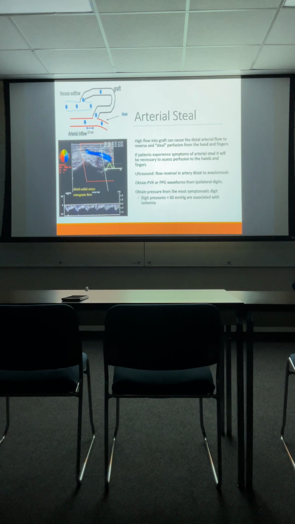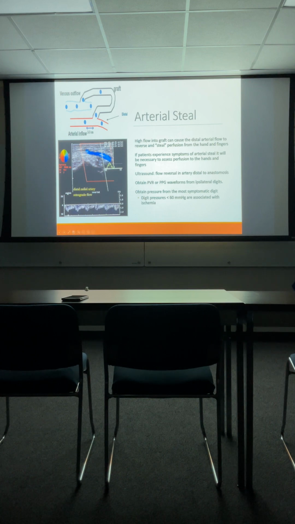If possible, when you're doing the PPG or the PVR testing, you can try to include the fistula to see if the amplitudes increase to the digits, because that flow, if it's occluded, is not being stolen back up into the vein, and instead it's going back down to the digits to where it's supposed to go. So in the case of arterial steal, likely the patient will have to have surgery to get that graft corrected.